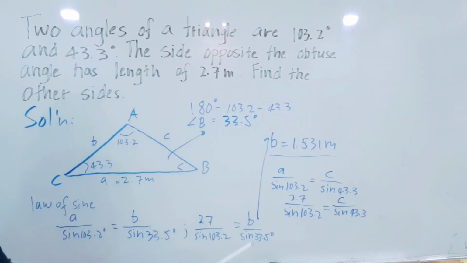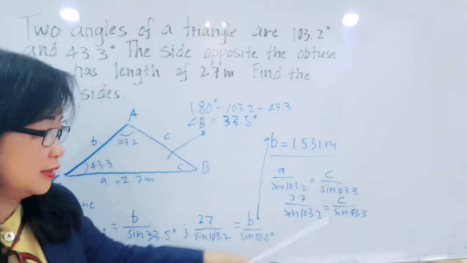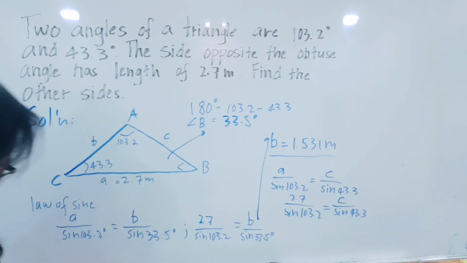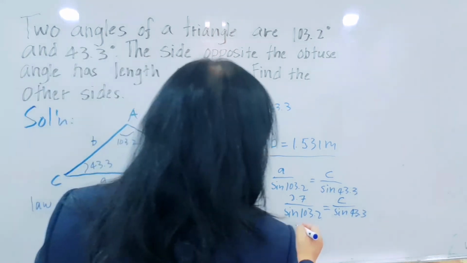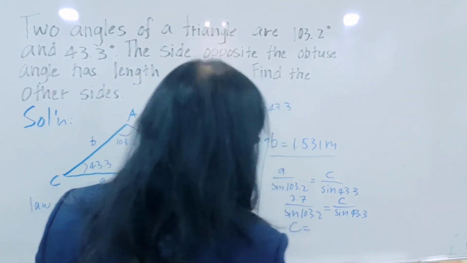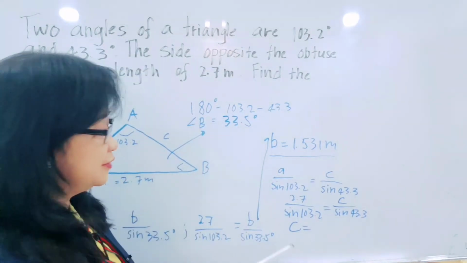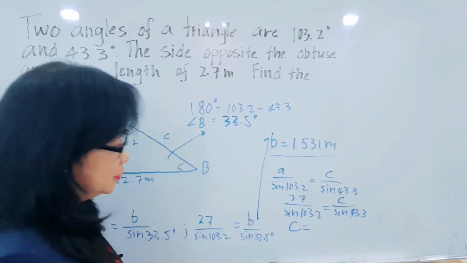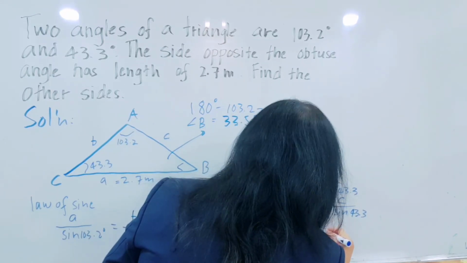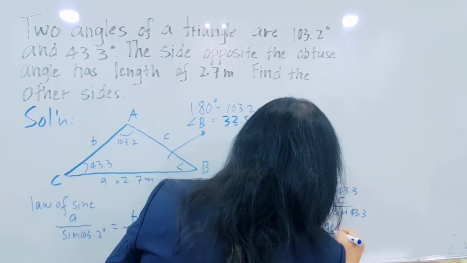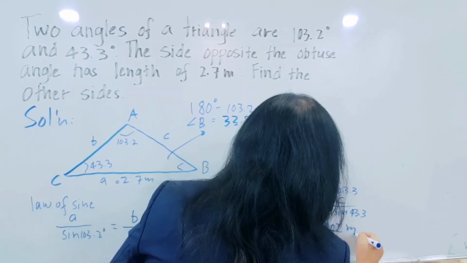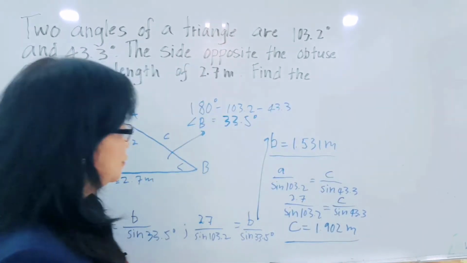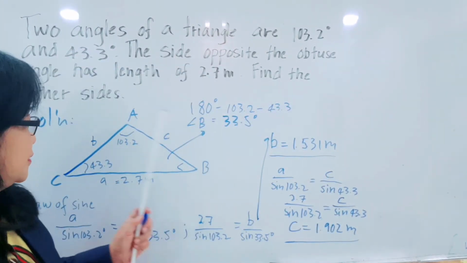Therefore, we have only one unknown here. So, we can compute the value of C by using the scientific calculator, which is equal to 1.902 meters. So, this is the value of C.